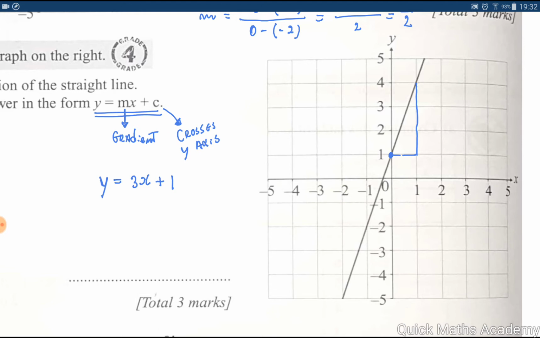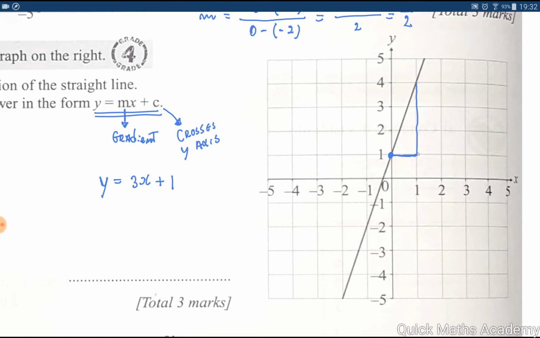Okay, let's repeat it. I crossed my y-axis at the point 1. So I have my c. My c is 1. My gradient: for each x that I move, 3 y's. That means that my gradient is 3.